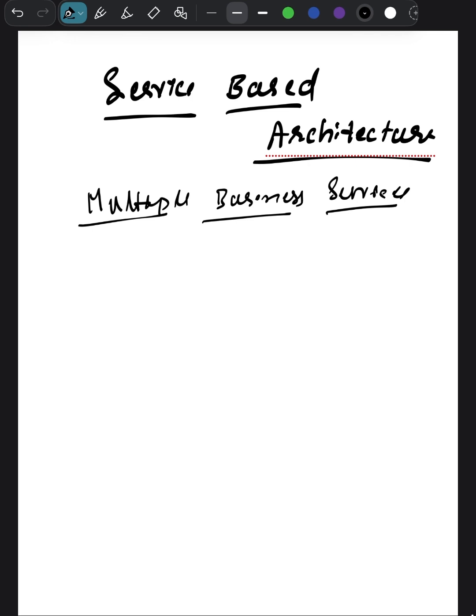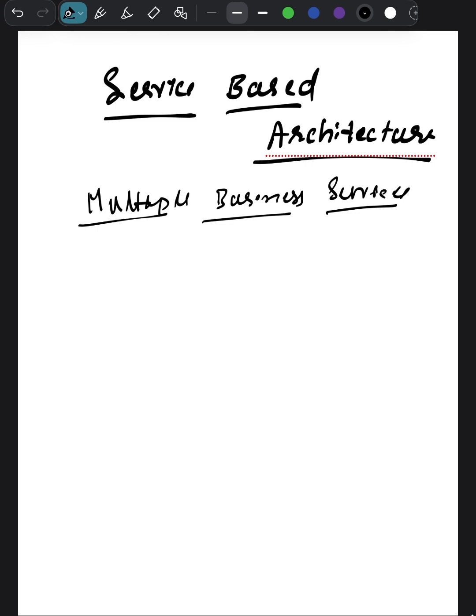For example, instead of one large application handling everything, we might have customer service, account service, payment service, notification service, transaction service. Each service performs its own business function and communicates with other services when needed.